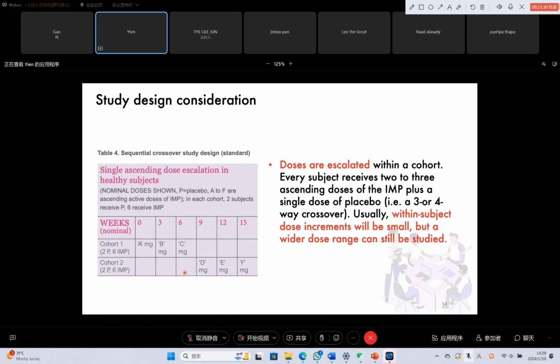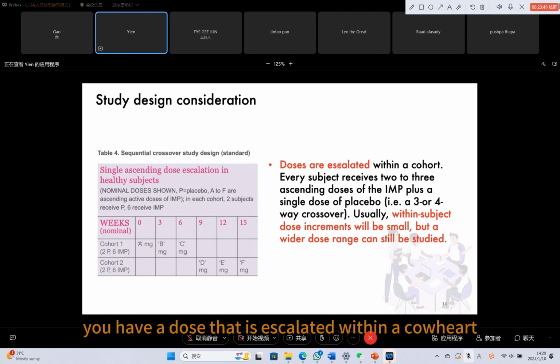Next is the crossover study design. Crossover study designs are also split into two main categories, which are sequential and alternating crossover study design. Sequential is usually where you have a dose that is escalated within a cohort.